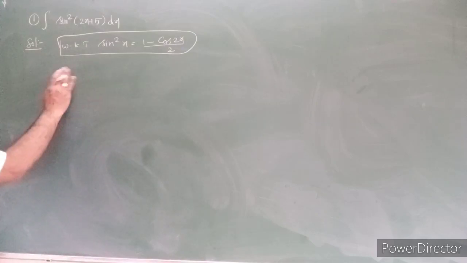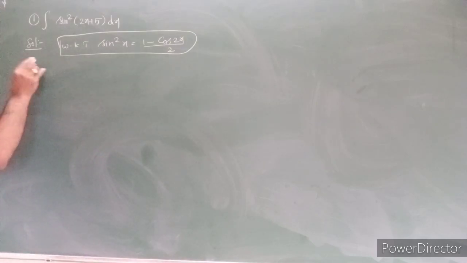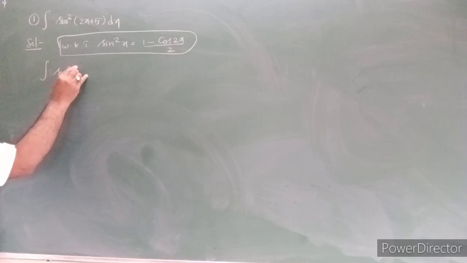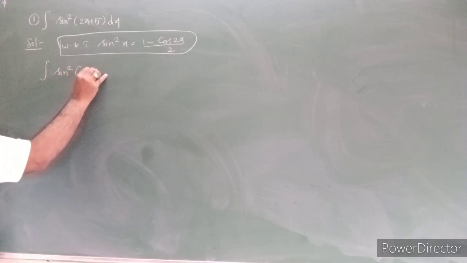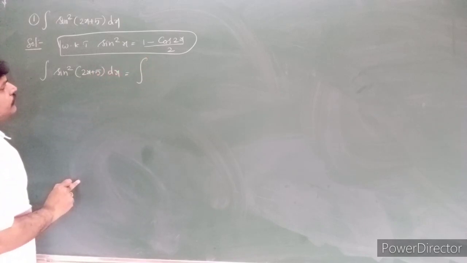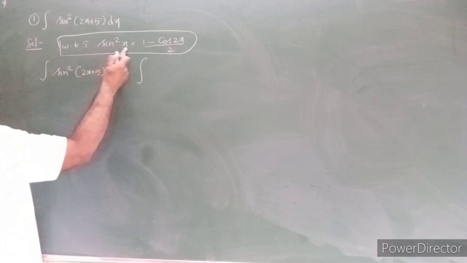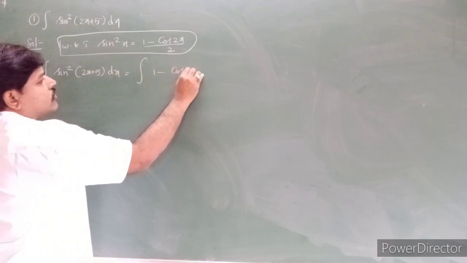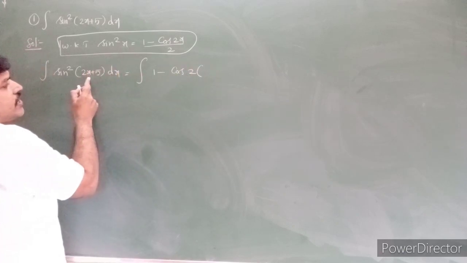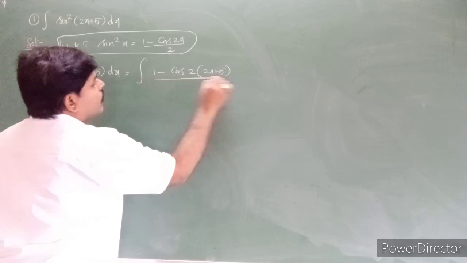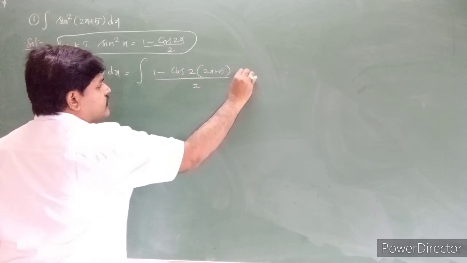So integral of sine square 2x plus 5 into dx, you can write as integral of 1 minus cos 2 into, what is the x value here? 2x plus 5, whole by 2 into dx.